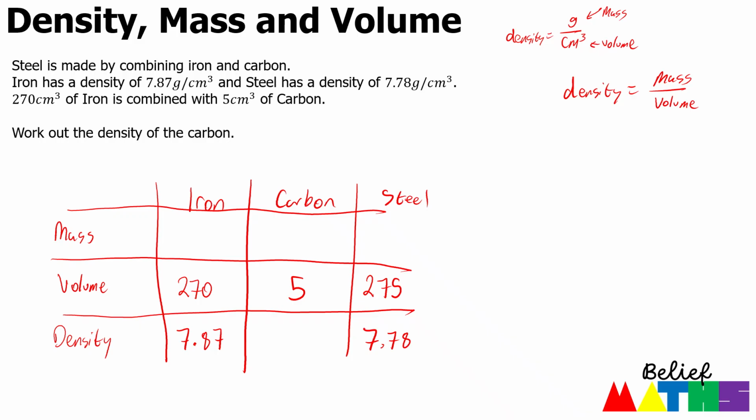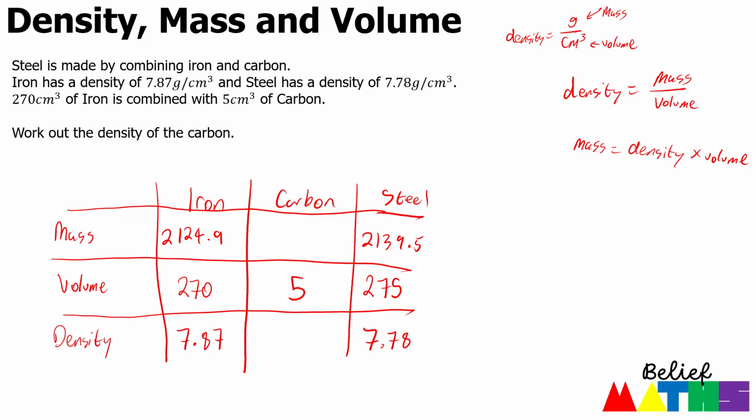So density is equal to mass divided by volume. So therefore, if I rearrange that formula, mass is equal to density times volume. So if I do 270 times 7.87, that tells me that I have 2,124.9 grams of iron, and do 275 times 7.78 for the steel, and that gives me 2,139.5.